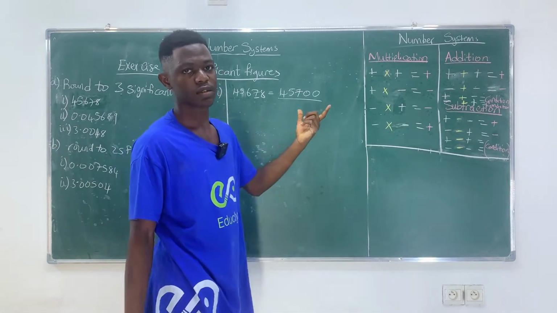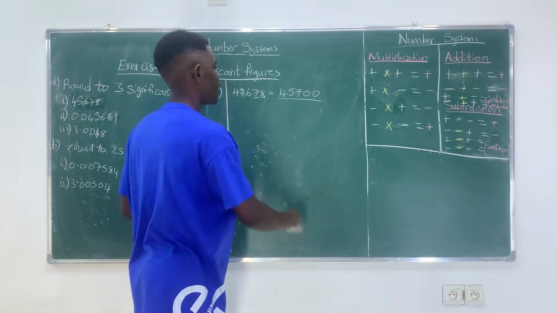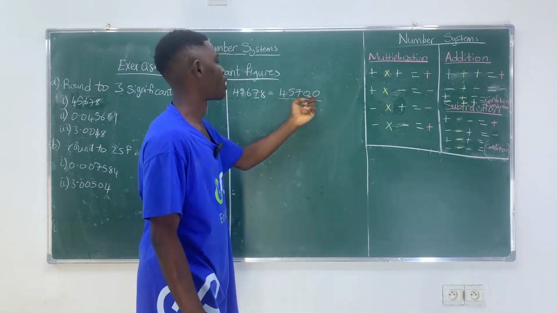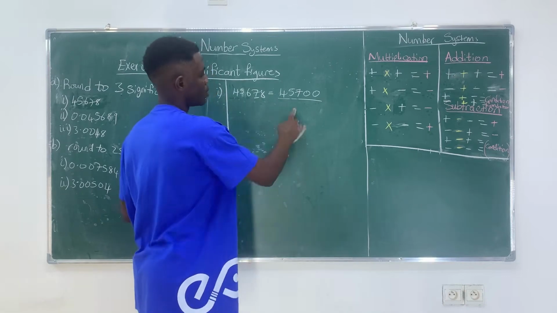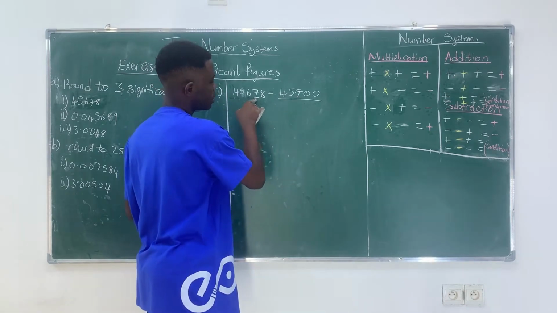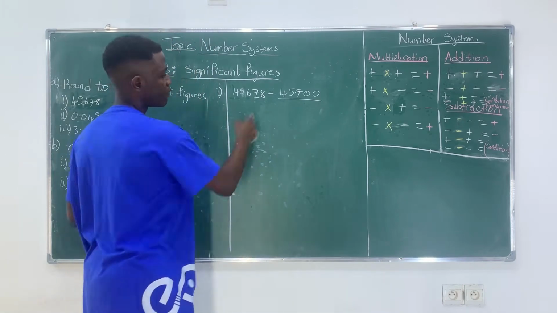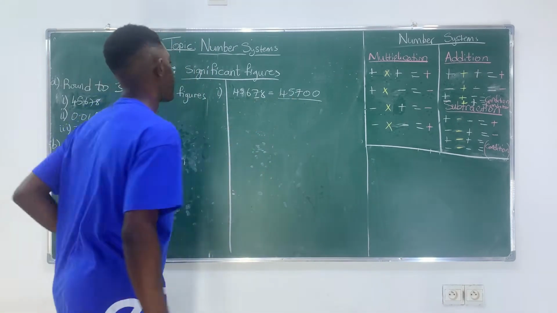So here we rounded it to 3 significant figures. We can check: 1, 2, 3 significant figures. The zeros after it are non-significant, and this was rounded to 7 because the number after it was greater than or equal to 5. It was greater than 5 actually. So we round it up to 7.